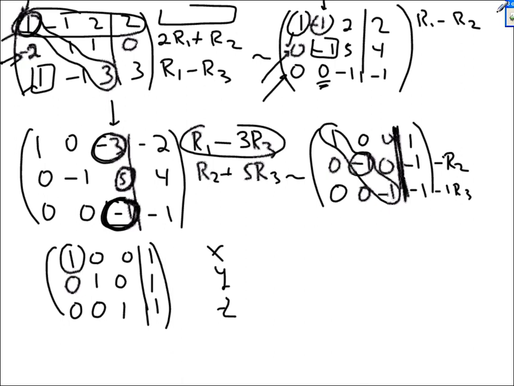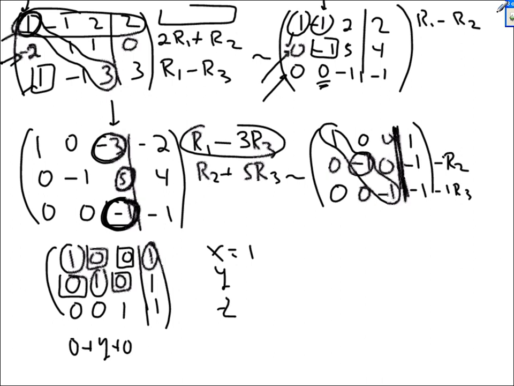1x, or x, plus 0y, which is 0, plus 0z, which is 0. X plus 0 is x, equals 1. 0x, which is 0, plus 1y, which is y, plus 0z, which is 0.